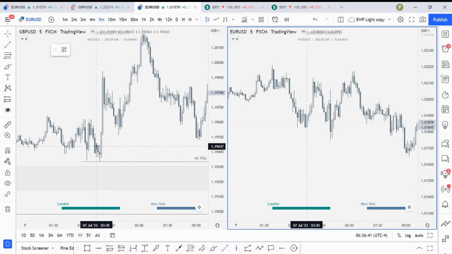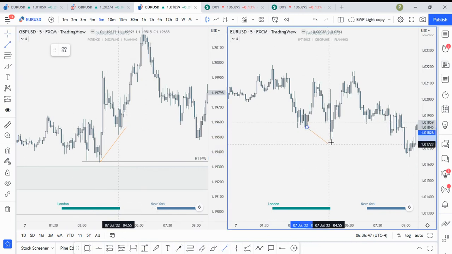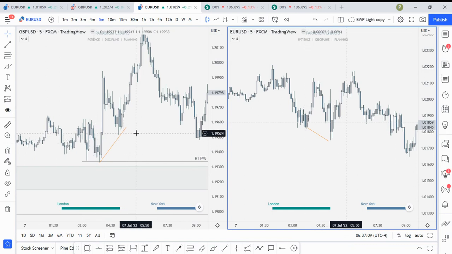You can see from here that this is making a higher high while this is making a lower low. So that tells us that GBP USD is heavily being accumulated. So you want to long. You can see that it is dropping into a fair value gap, and then there is an order block right here, a down close candle.